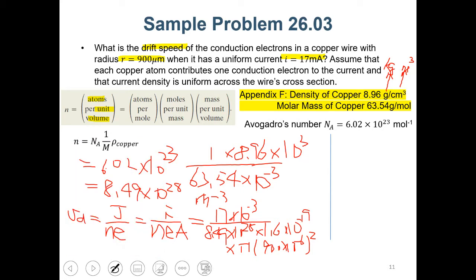So I write the answer here. It will be equal to 4.9 times 10 to the minus 7 meter per second.